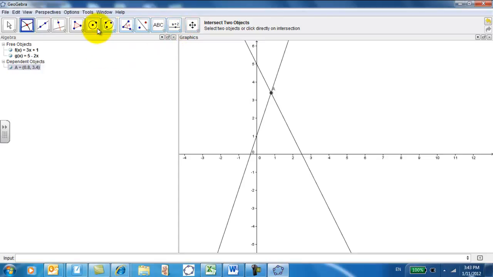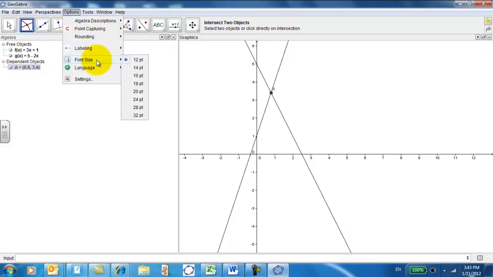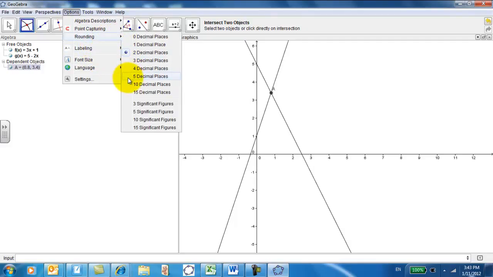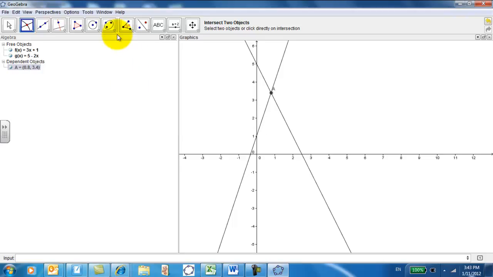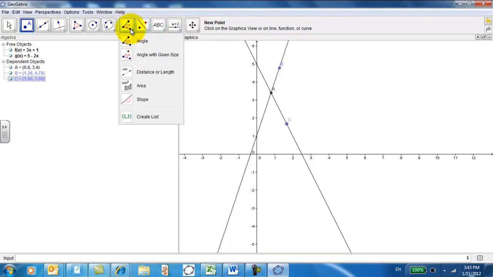Let's get a little more accuracy going here under options, rounding. I think it took that. Yeah, okay. And now let's get some other points on the object there so we can come up with the angle. Let's put a point on there, a point on there, and now we can just select 3 points to do our measurement.